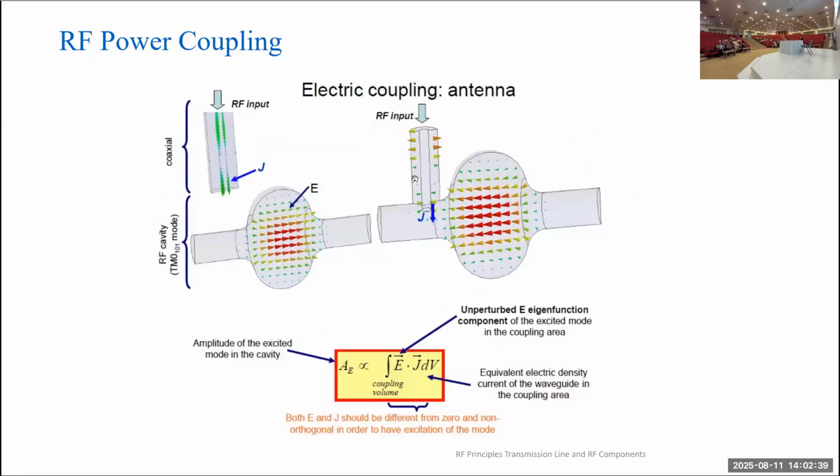For example, if we have a pillbox type cavity, we can insert the antenna here, but here we have to accelerate the electron beam. It will disturb the field. We can place this electric antenna here at this point, and it will properly couple the electric field to the cavity.